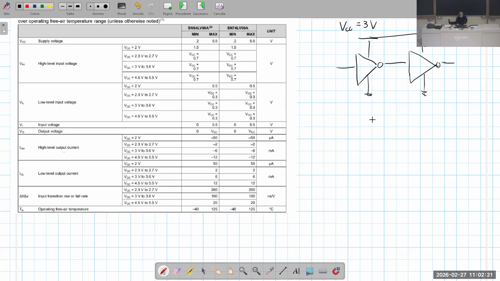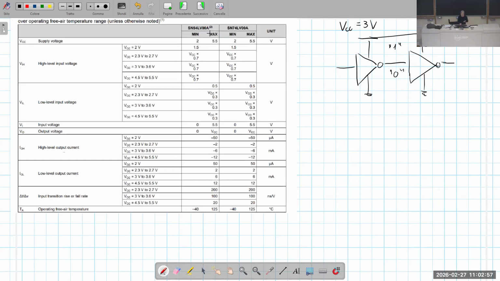Well, we should check the compatibility of the logical level at the high value and at the low value. For what concerns the input voltages at the high level, it is stated in the data sheet that for VCC voltage from 3 volt to 3.6 volt, which is our case, let's consider this first column.